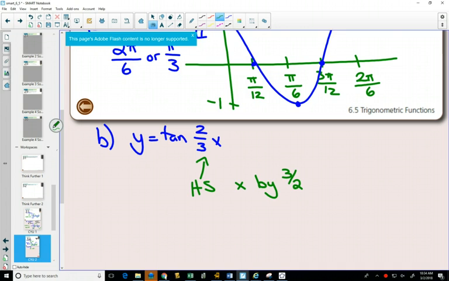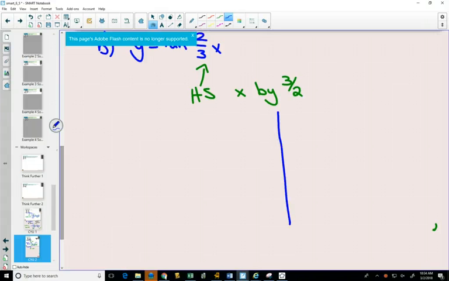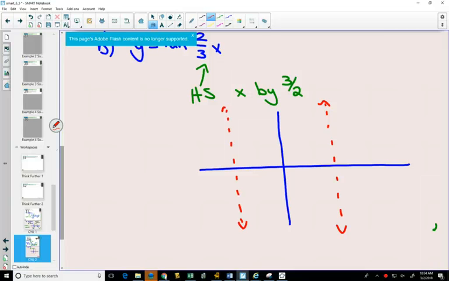Now, when going to graph your tangent graph, I always start with my asymptotes. And so I have an asymptote here and an asymptote here. And they started at pi over 2 and negative pi over 2.